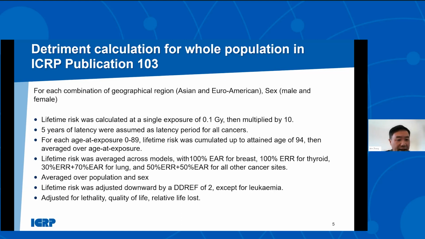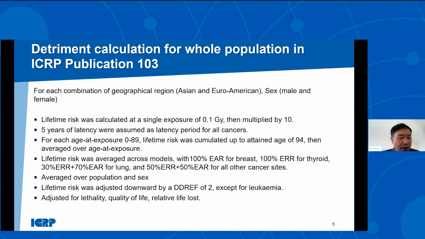Five years was assumed as the latency period for all cancers. For each age at exposure 0 to 89, lifetime risk was accumulated up to an attained age of 94, then averaged over age at exposure.